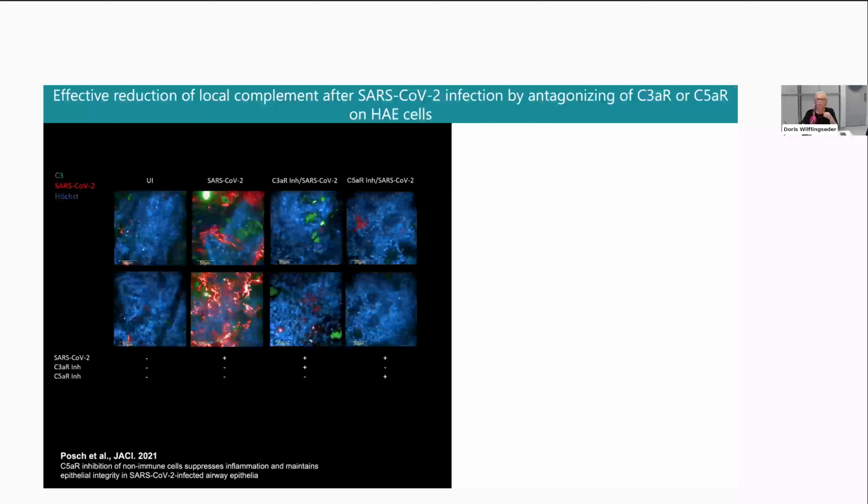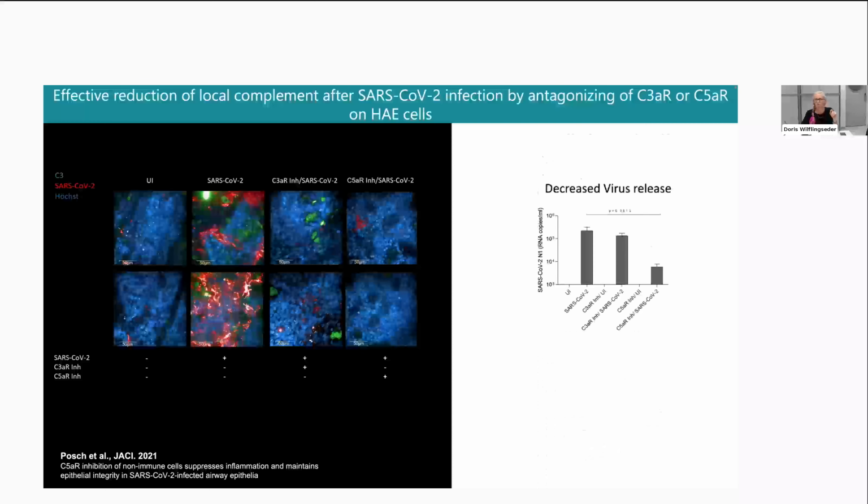load really significantly dropped, which can be seen here, because here we just have the infected tissues where the virus is shown in red, and here we have blocked the C5a receptor at the basolateral site of those tissues, and this also resulted in a significant drop of the viral load.